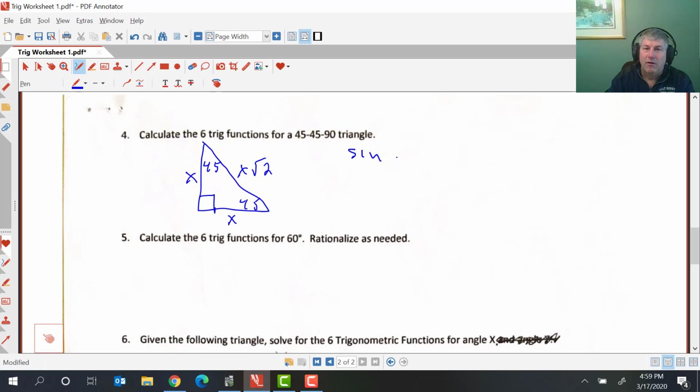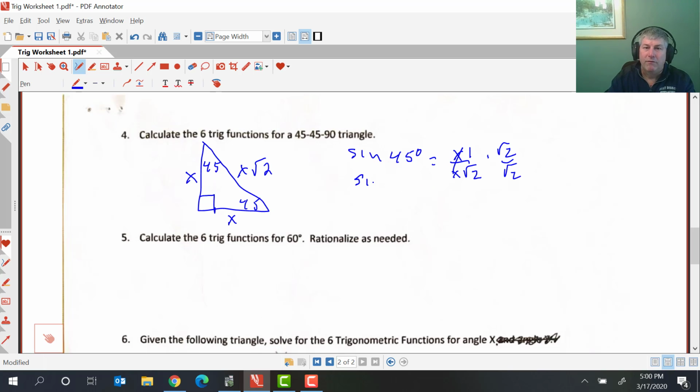So the sine of 45 degrees is going to be opposite over hypotenuse. So that's x over x root 2, the x's cancel, so it really becomes 1 over the square root of 2. And then we have to rationalize: square root of 2 over 2.